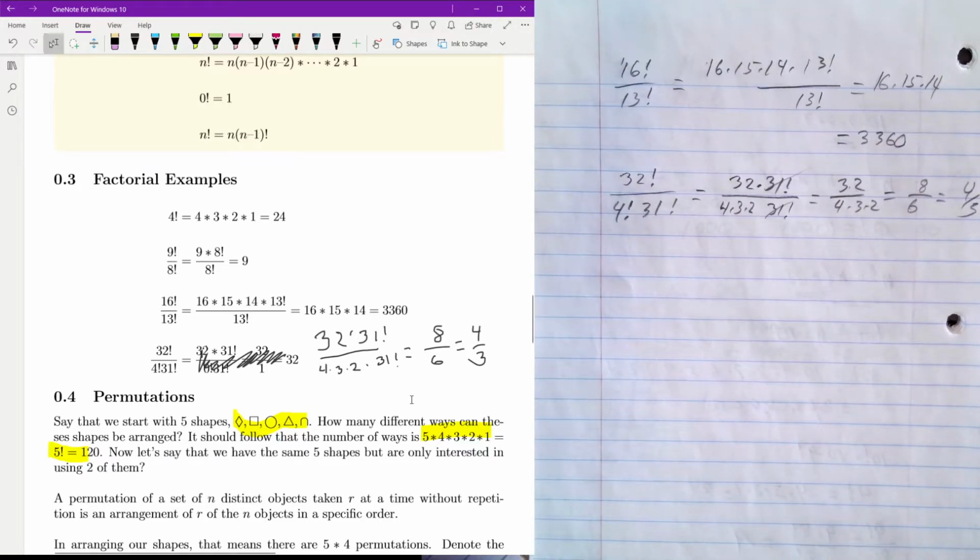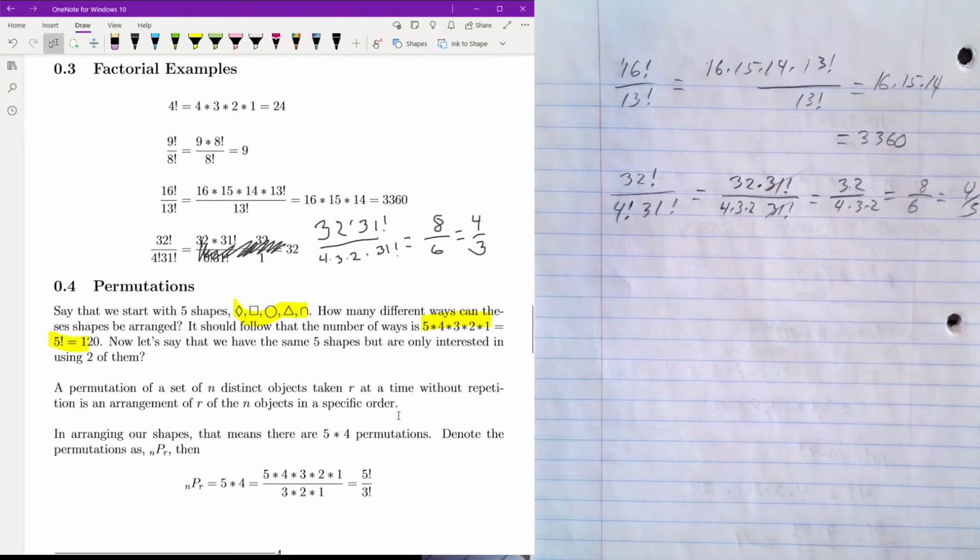But we denote this a little bit differently. We're going to denote this with a term n permute r, which is equivalent to 5 times 4. And this is absolutely correct, and you can certainly do it that way. However, we'll notice that these two terms are exactly the same.